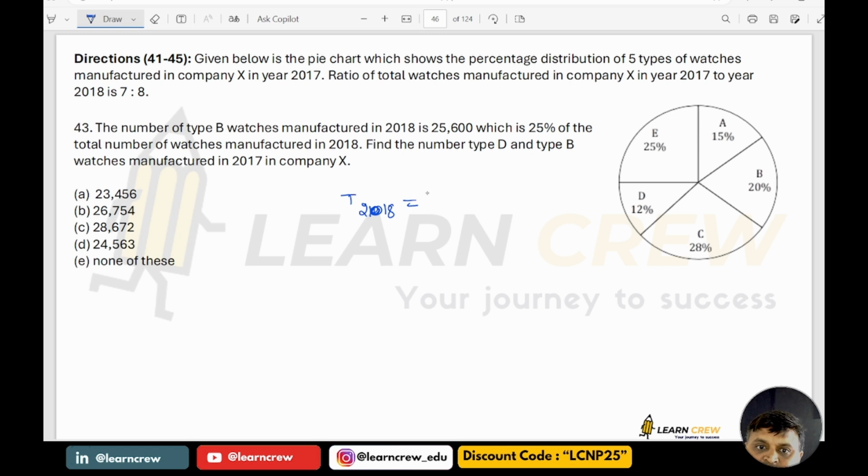Are you following here? 25,600 into 4. It is 1/4. Number of watches manufactured of type B in 2018 is 25,600, which is 1/4. So 4 times of it would be the total in 2018, which is how much?